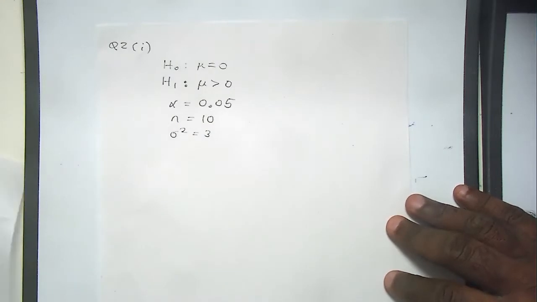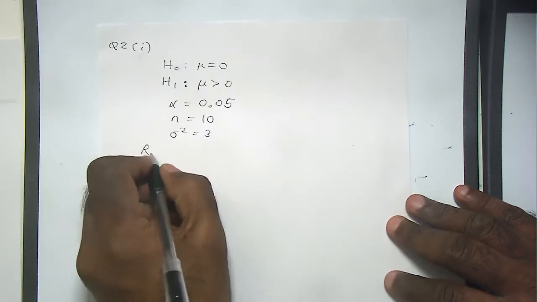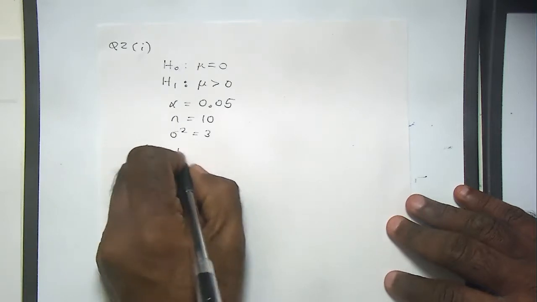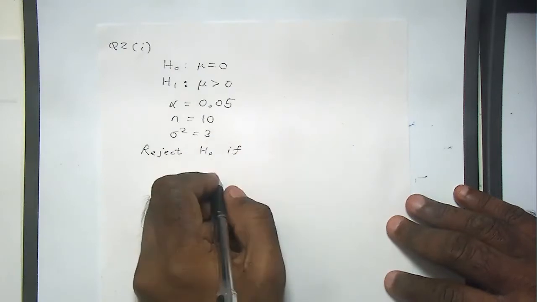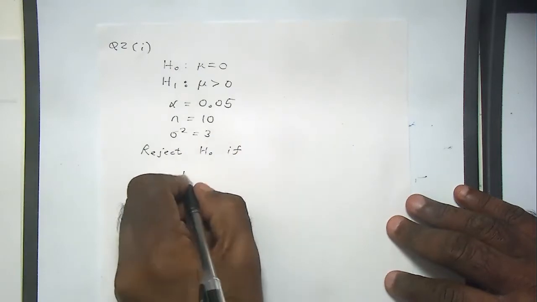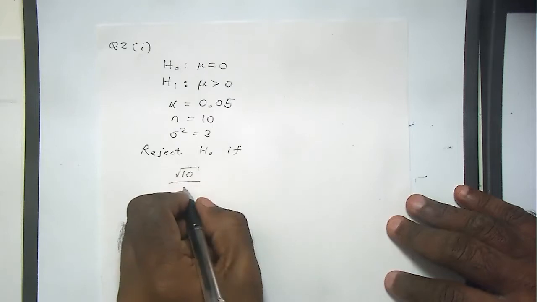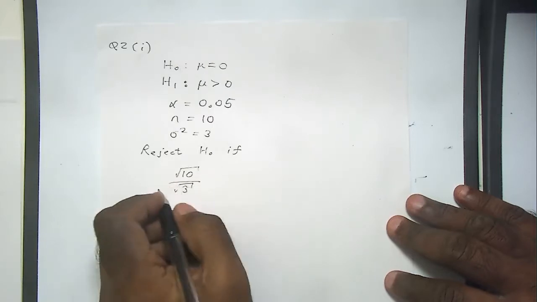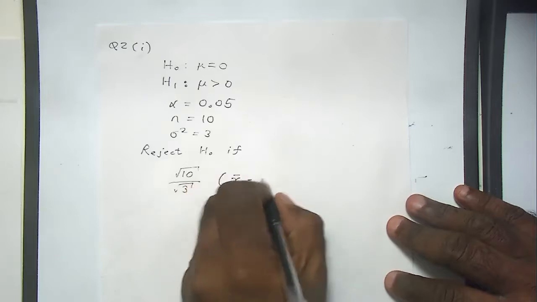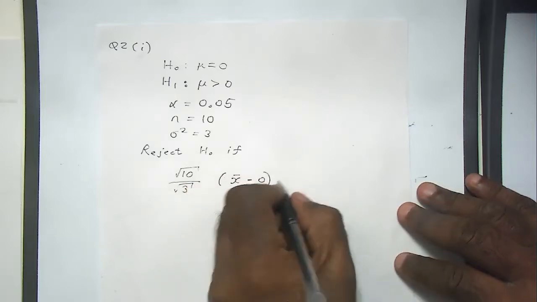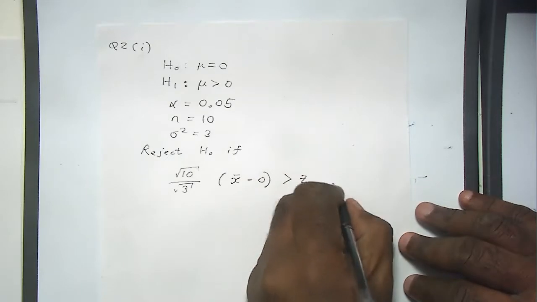The rejection rule, if you reject H0, if root of n, which is root of 10, divided by sigma, which is root of 3, times x bar minus 0 is greater than z 1 minus alpha, which is 0.95.